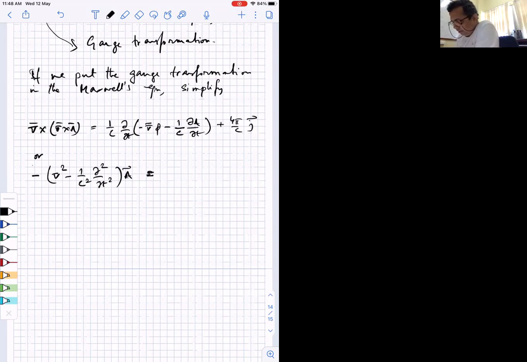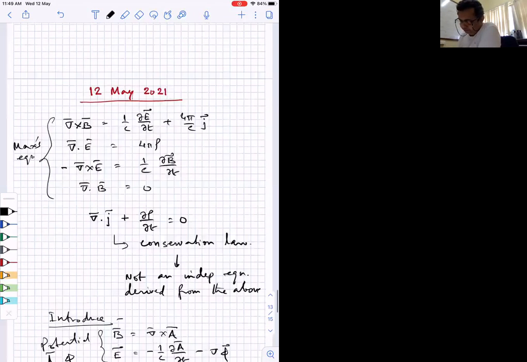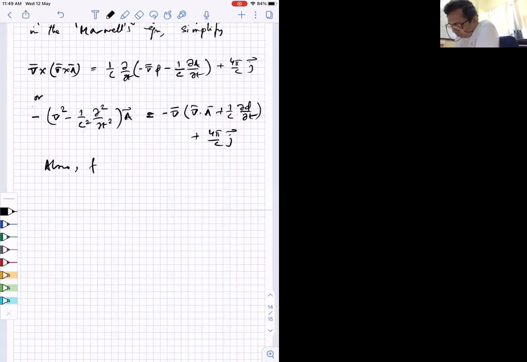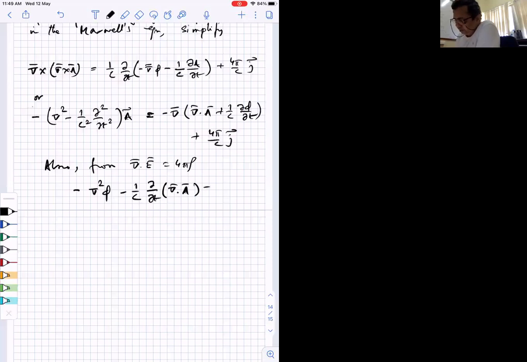And this becomes minus grad squared of A plus 1 by c del phi del t plus 4 pi by c J. And similarly, from the second equation, from divergence of E is equal to 4 pi rho, you can write down minus grad squared phi minus 1 by c del t of divergence of A is equal to 4 pi rho.